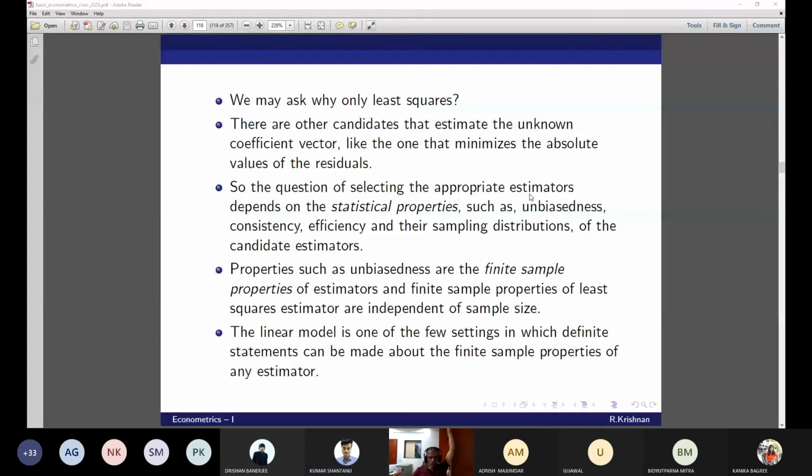That's what I was telling him. You can prove that if you are willing to confine yourself only to linear estimators, that strand of literature in forecasting proves that it is the least squares estimators that provide you the minimum mean square error estimator.